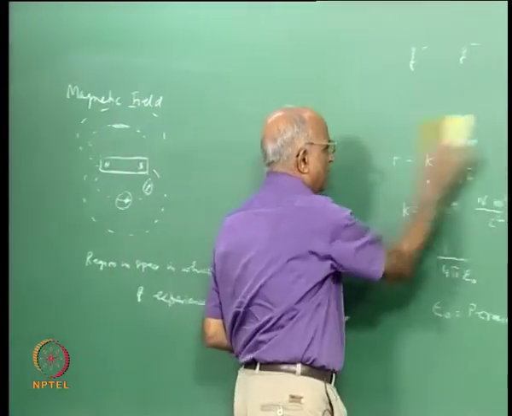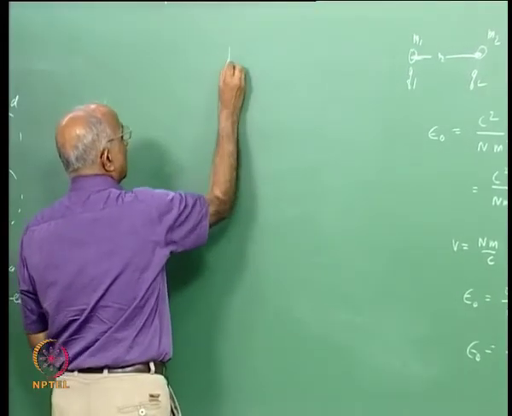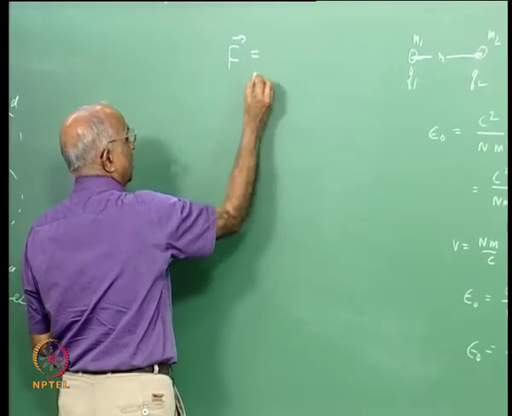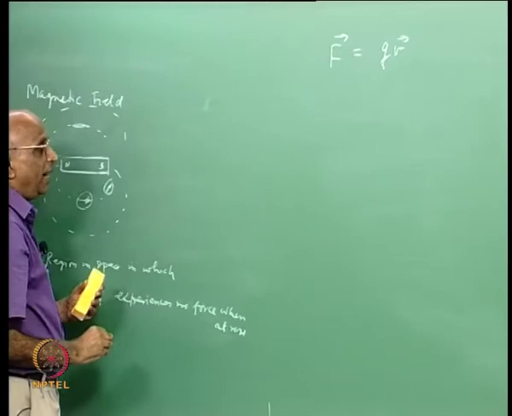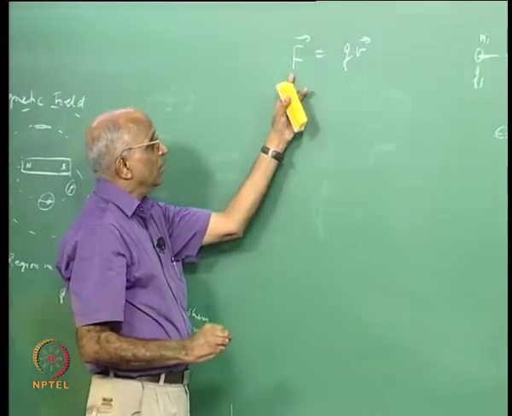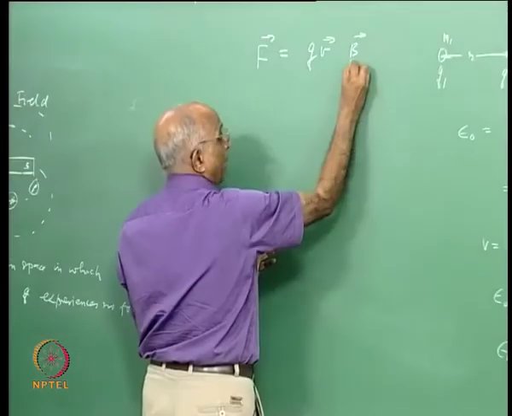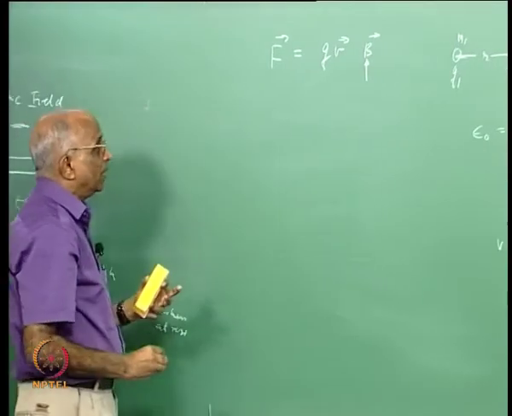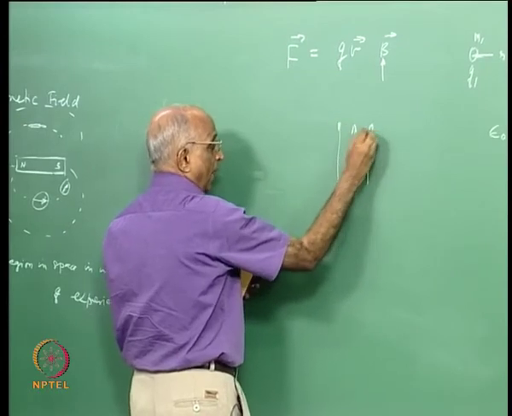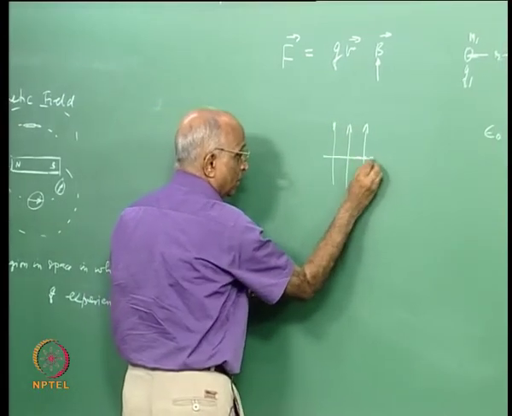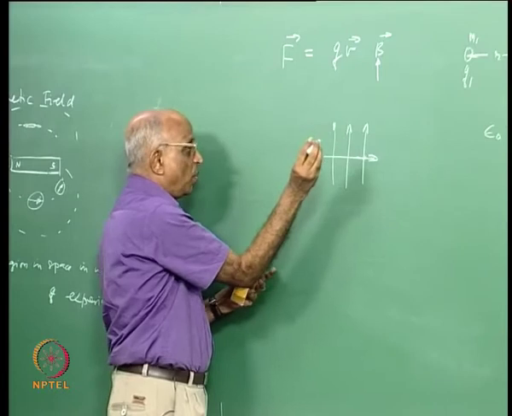Let us try to understand it a little more through an equation, because that makes it simpler. In other words, I have a force, and this force comes when the charge q moves with a certain velocity, and the direction of the force is normal to the direction of motion and also normal to the direction of the magnetic field, which I denote now by B. If I have a field which is maybe like this, and if I were to move the charge in this particular direction, I have a force which is coming either out of the board or inside the board.